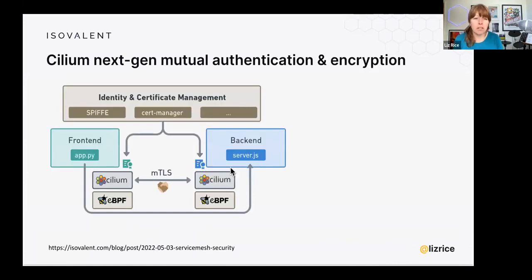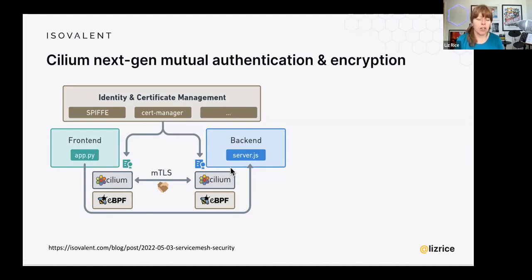The last piece of the puzzle that we don't have today is mutual authentication, mutual TLS. And the future direction for this, Thomas wrote a very good blog post that outlines this. The idea is to separate the cryptographic authentication of services, which will be done in user space, from the network layer encryption.